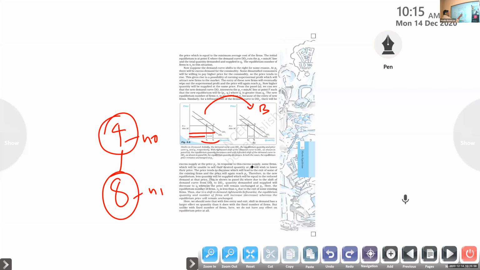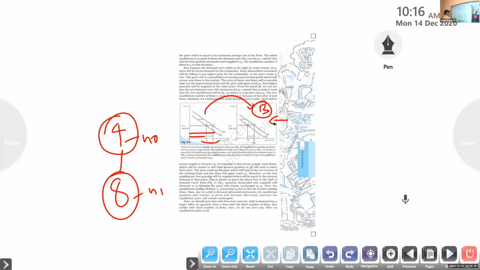Here, demand reduced for the product because of some reasons. So there is a shift in the demand curve from right to left, a leftward shift in the demand. As a result, we know that the price will decrease.